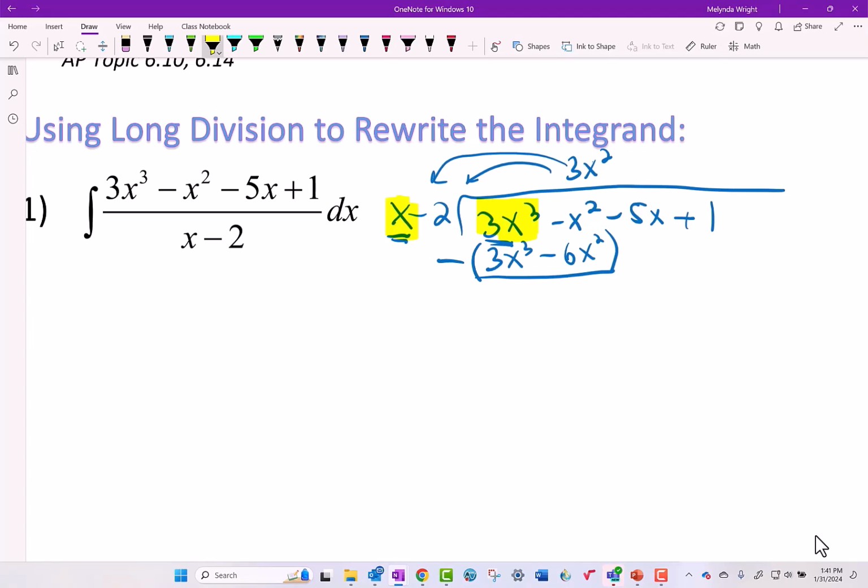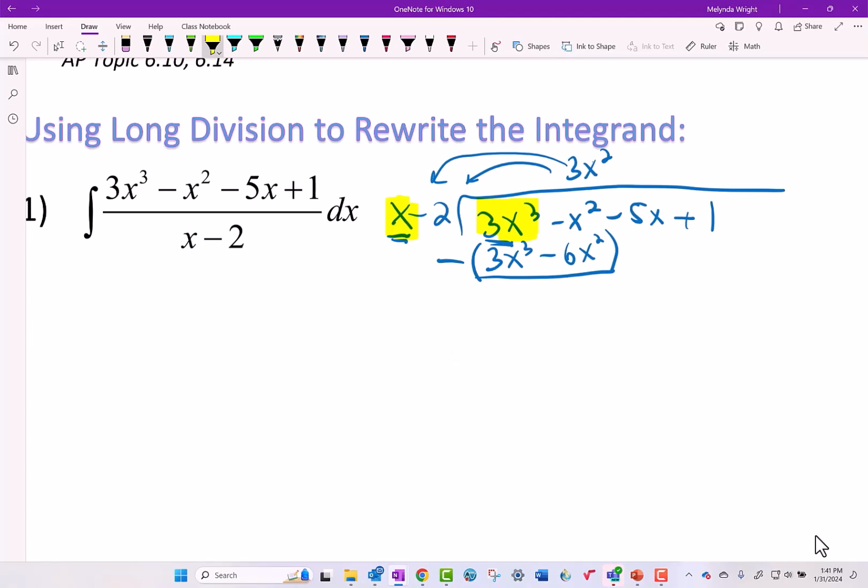Well, that's 3x squared. So 3x squared times x is 3x cubed. Great. They should net out to 0 always. The variable that you pick should always make this term go away. If it doesn't go away, then you picked wrong. And then I distribute that out to the 2 as well. How are we doing? Are we okay?